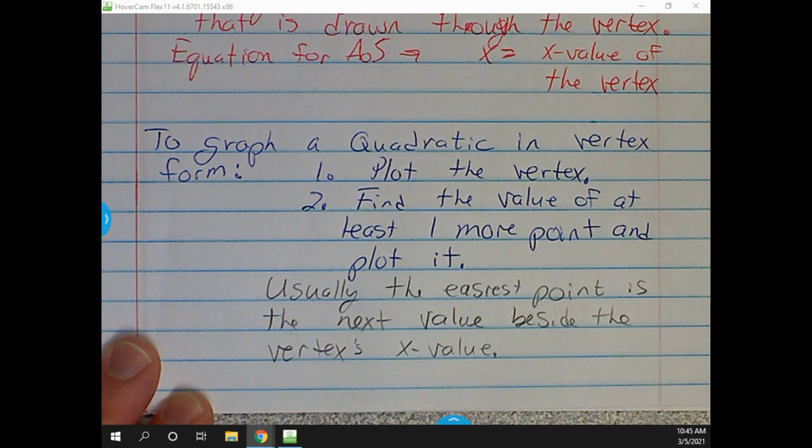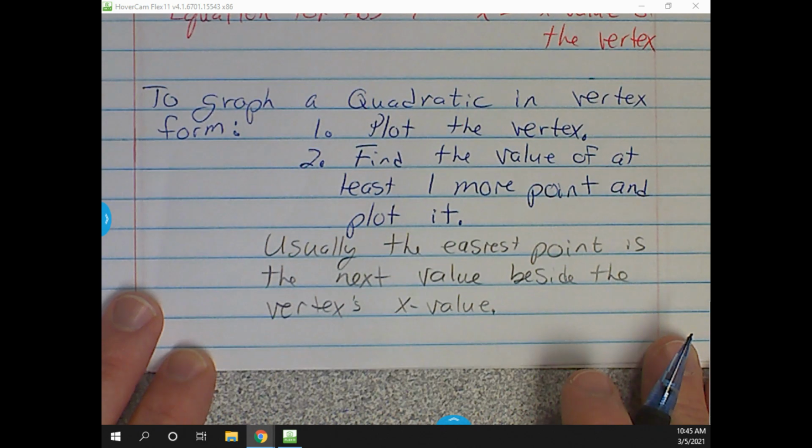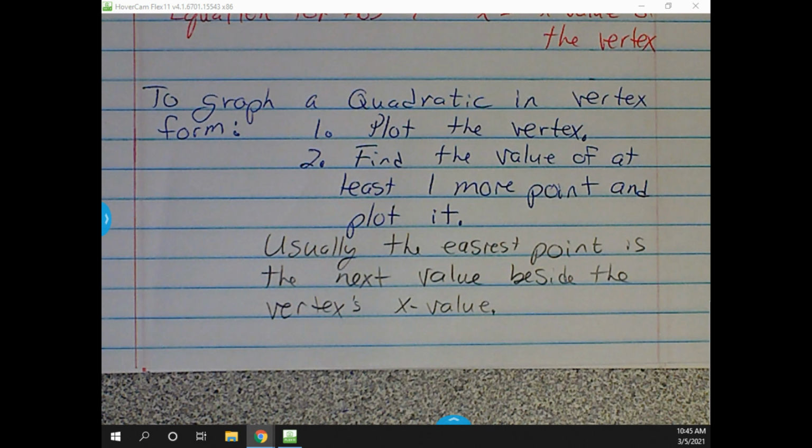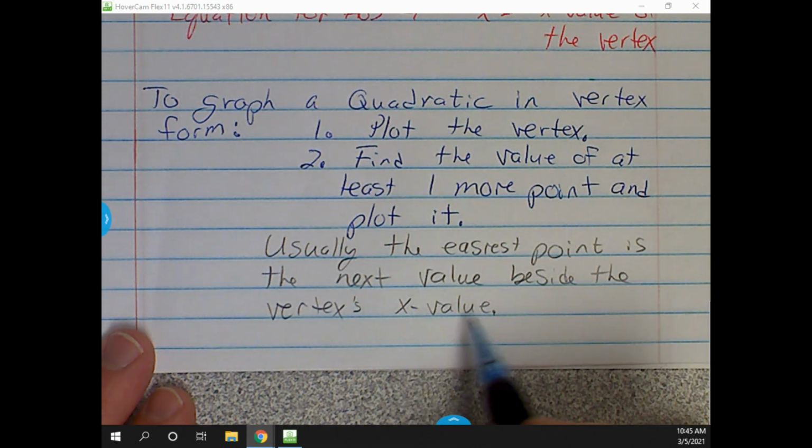Now when we're talking about the x values, usually the easiest point is the next, I wouldn't even say integer value. It's the next whole number value that's beside the vertex's x value. You can either go to the right side or you can go to the left side of it. So once you find that next x value, you've got to plug in the x value.